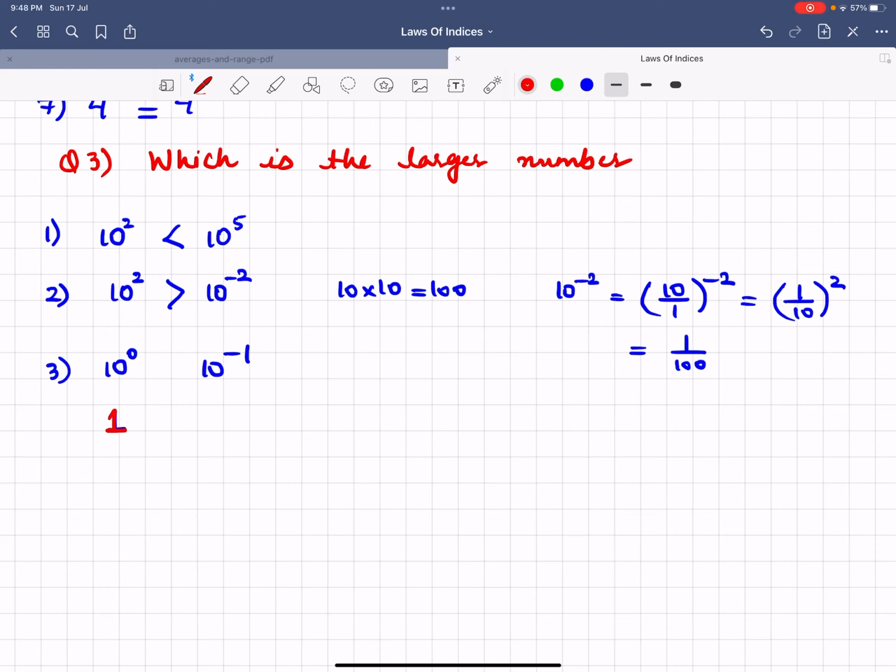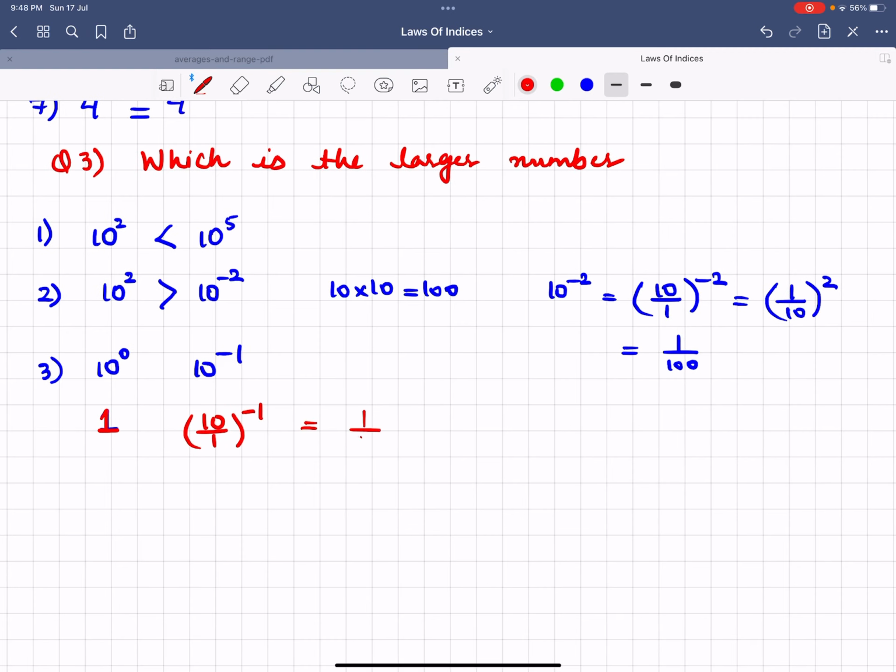And 10 to the power of negative 1 is in fact 10 upon 1 to the power of negative 1, which is the same as 1 upon 10 to the power of positive 1 or just 1 upon 10. So on one side we have 1 and on the other side we have 1 divided by 10. So clearly the number 1 is greater. So 10 to the power of 0 is greater.